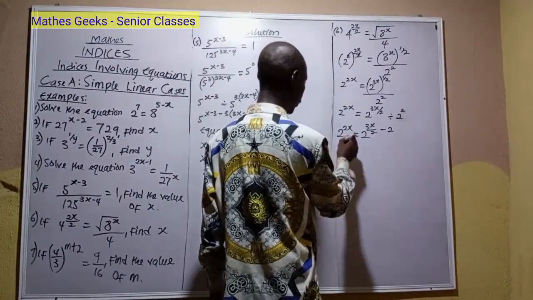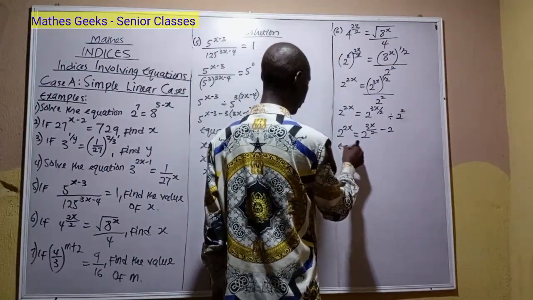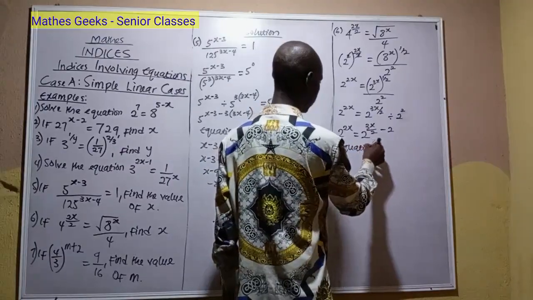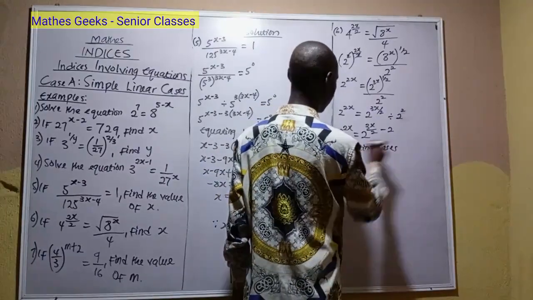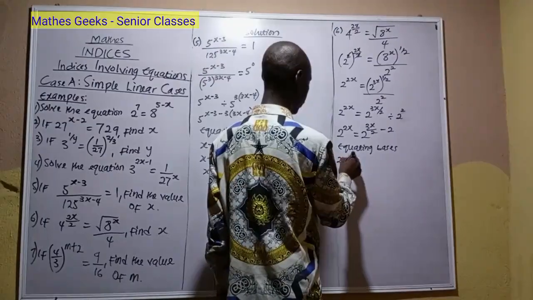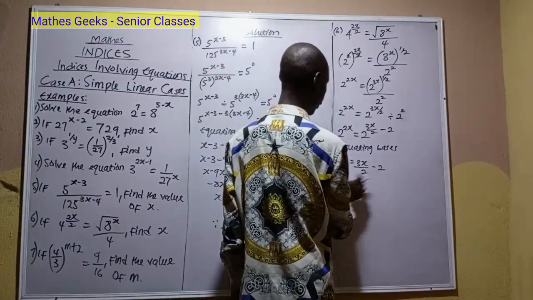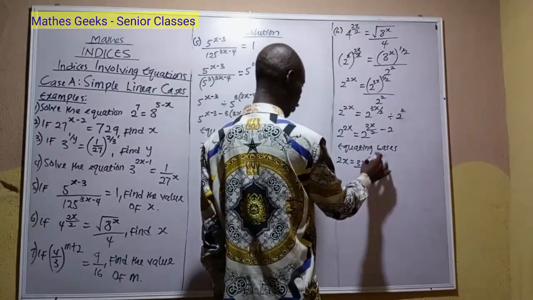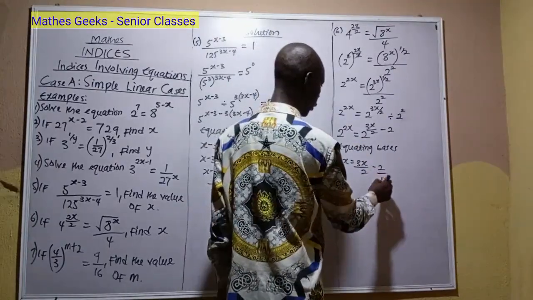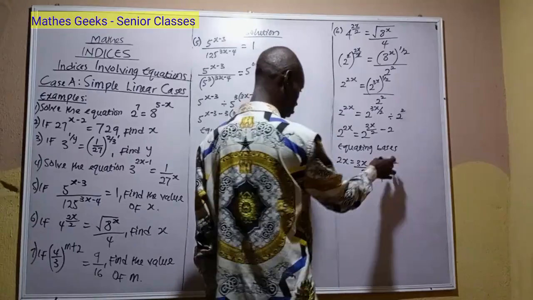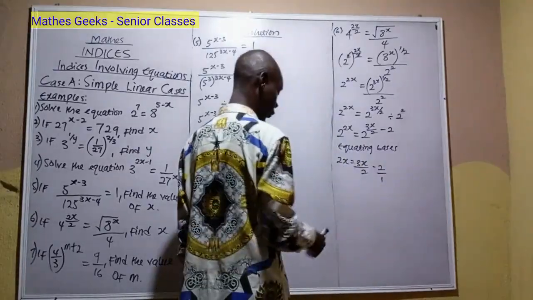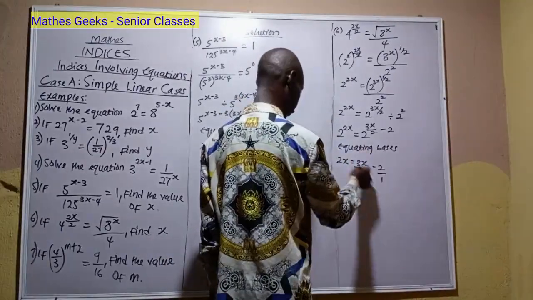Since the bases are equal or the same, we say equating bases: 2x equals 3x over 2 minus 2. Since we have subtraction on this part of the equation, this is subtraction of fractions. So we're going to simplify this part.